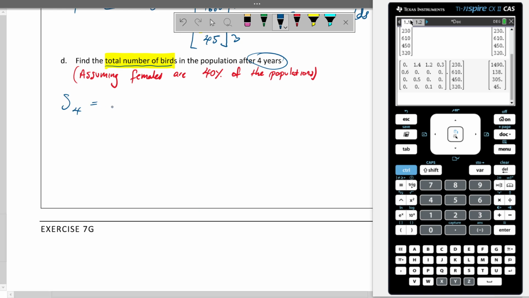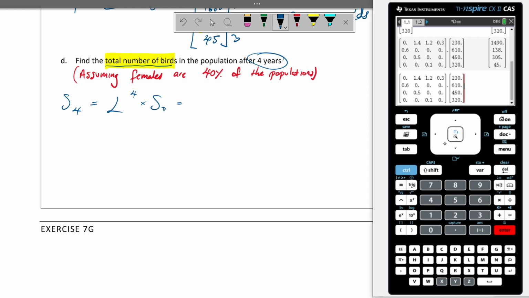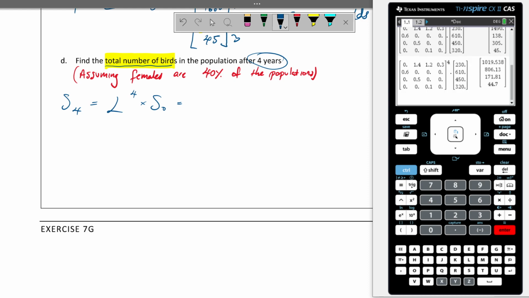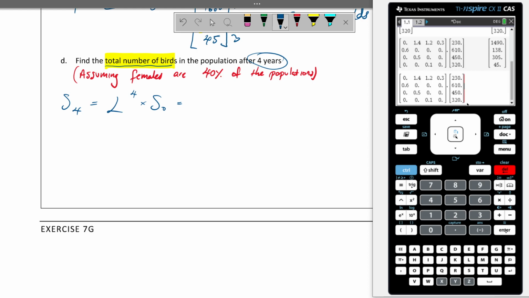Now, to do this, guess what? We can just take our Leslie matrix and raise it to the power of 4 and then times it by S of 0. So if I come over here now, take this, hit enter, then raise it to the power of 4. Oh, actually, sorry. Why is that wrong? Oh, no, sorry, that's right. I thought that wasn't S of 0. That is S of 0. Ignore me.